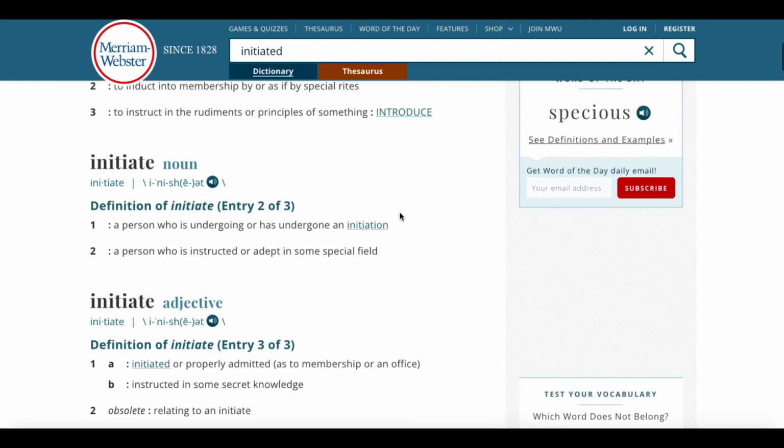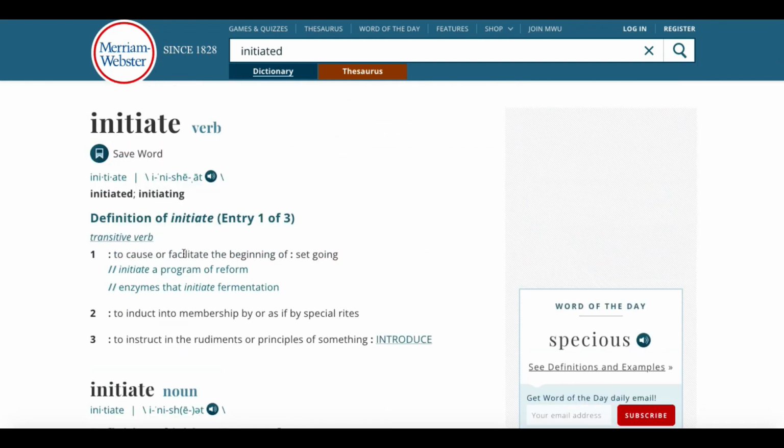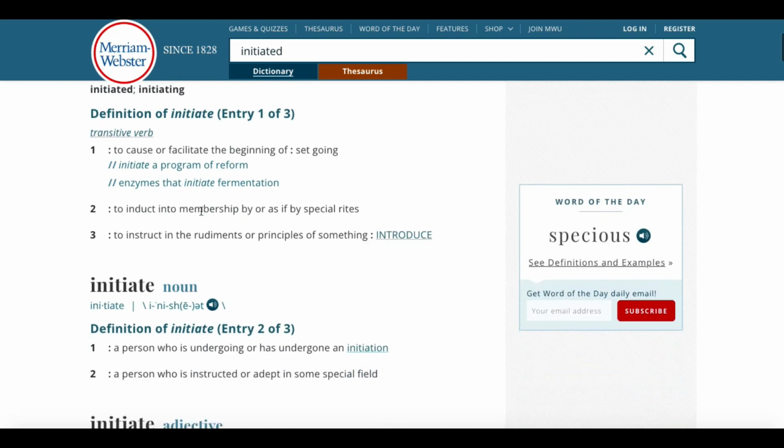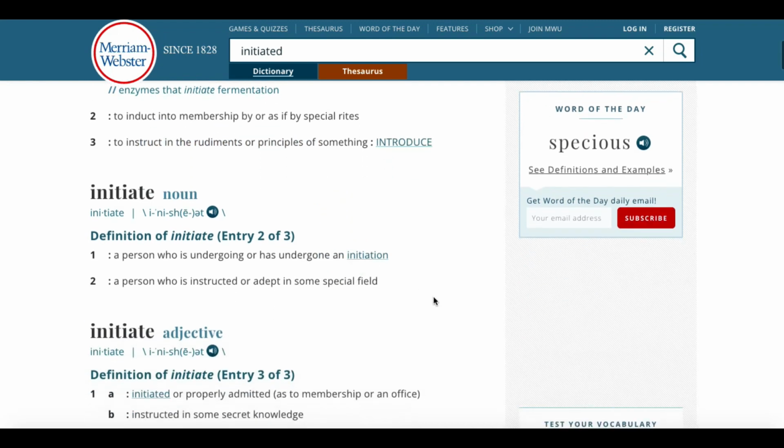And to initiate is to cause or facilitate the beginning of something, to induct into membership by special rites, to instruct in the rudiments or principles. So it's an instruction as well. So just like light. Now we start seeing behind the curtain, Wizard of Oz, a person who is instructed or adept in some special field, a magnetic field.